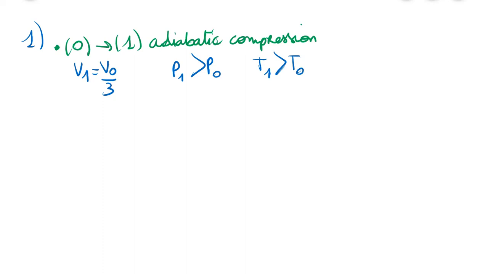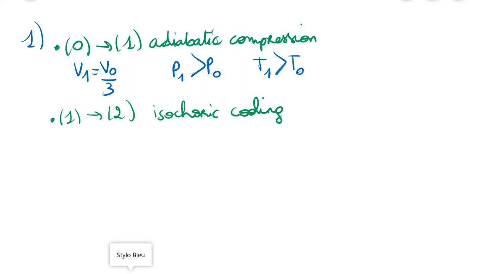Then the next step is 1 to 2. And this is an isochoric cooling. Now the information that we've got here is the fact that, first of all, isochoric means the volume is constant.